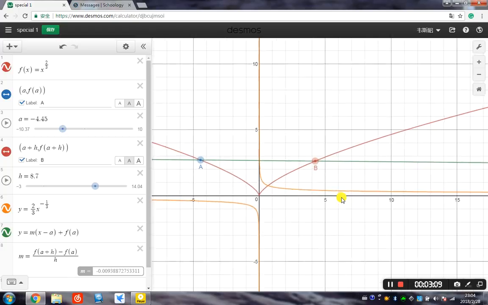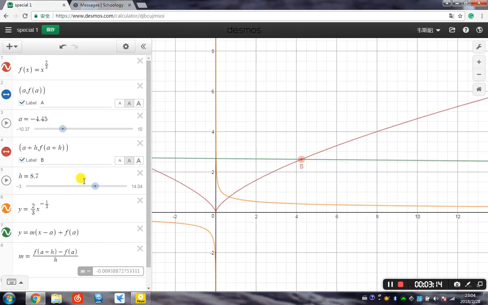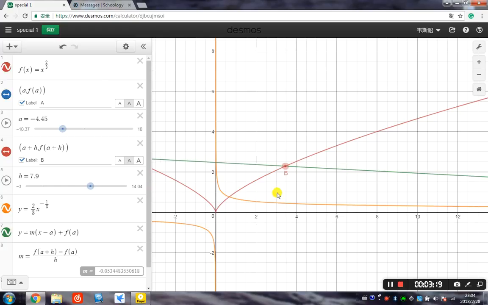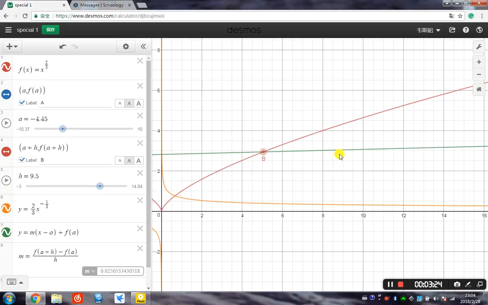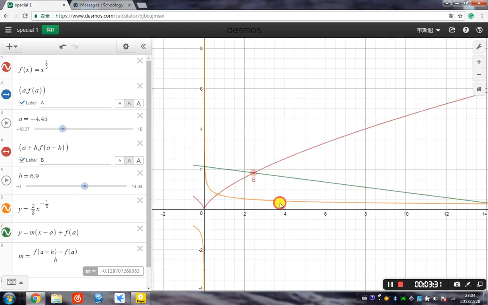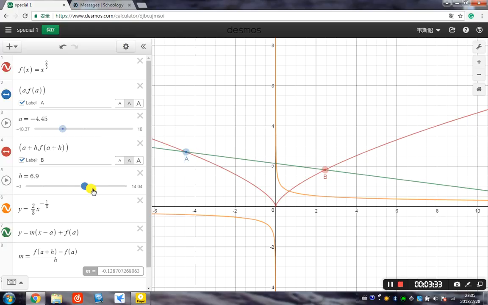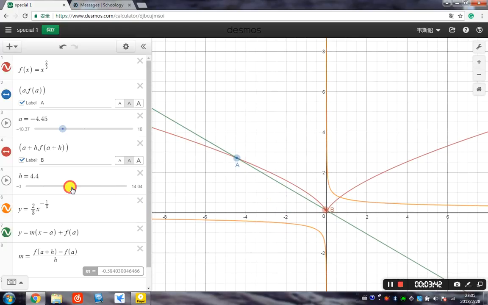So here, let's look at these two points. If we change the h value and move it approaching 0, we can see this green secant line is approaching the tangent line, but the approaching ends when it passes this point, because after this point it's not approaching anymore.